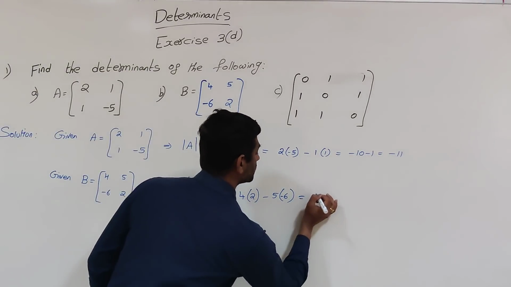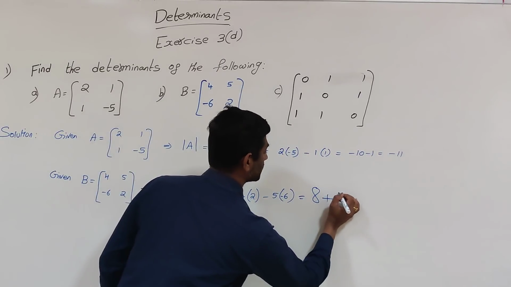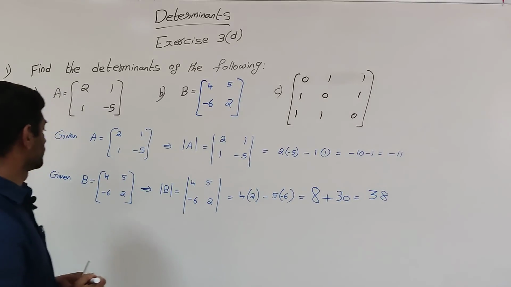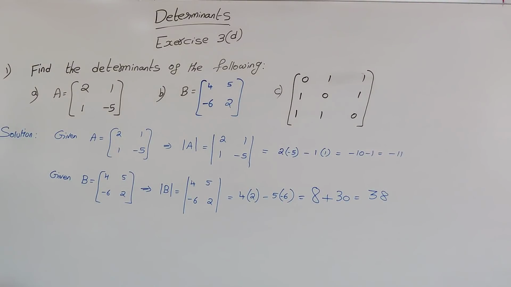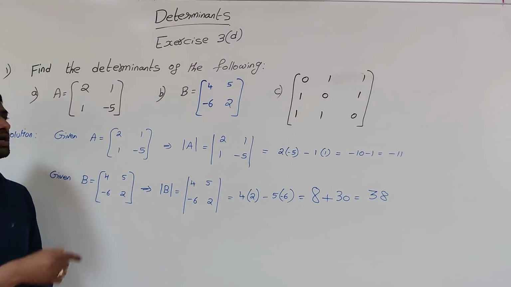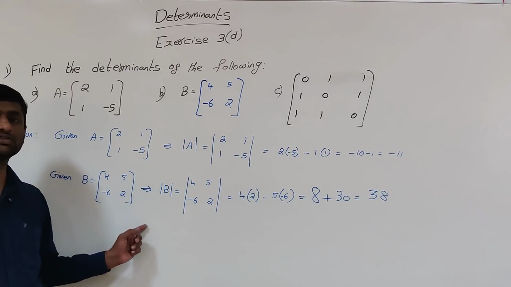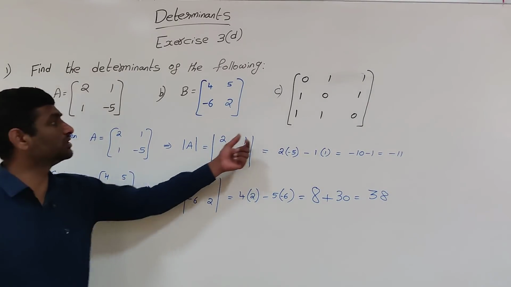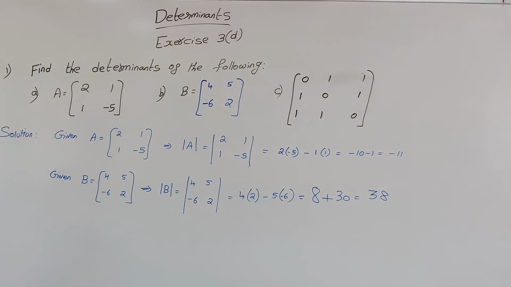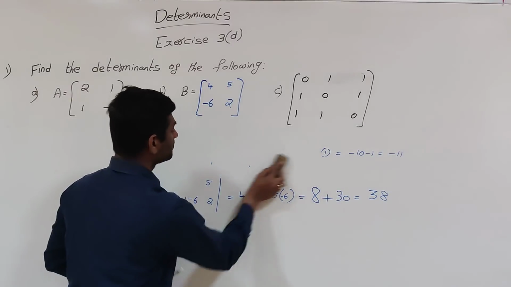So it gives 8, minus into minus plus 30, that is 8 plus 30, 38. That is the determinant of a 2 by 2 matrix. These are the determinants of 2 by 2 matrices. Now we'll go for the determinant of a 3 by 3 matrix. If you practice more and more, it will be easy to find determinants.